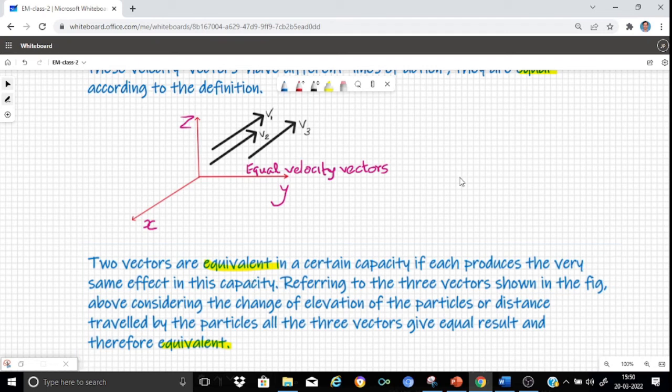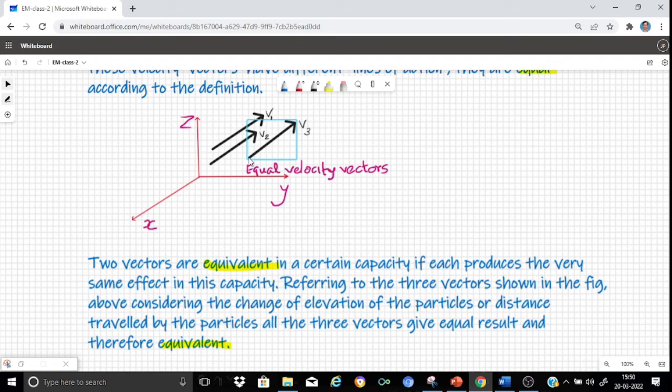That is very important. Now referring to the same sketch, we know that the starting position of particle 1 is here, the starting position of particle 2 is here, the starting position of particle 3 is here. Now let us find out what will be the so-called absolute elevation of these particles in a given time.